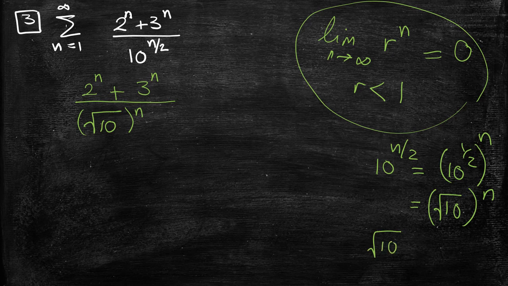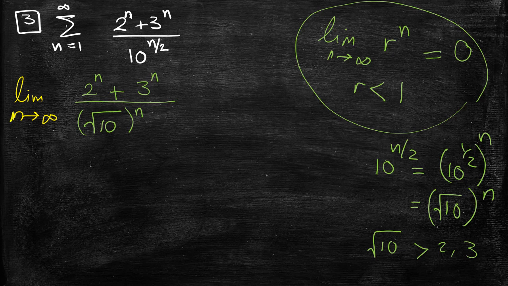For root 10, the squares of 2 and 3 are 4 and 9, so root 10 for sure is greater than 2 and greater than 3. It's 3 point something. I'm asking about this because we need it when taking the limit as n approaches infinity, dividing by the greatest number.